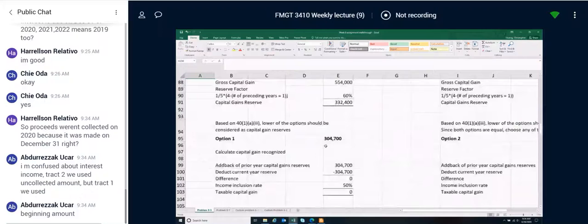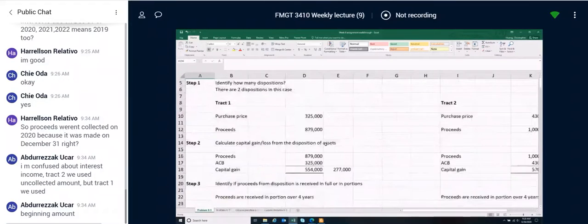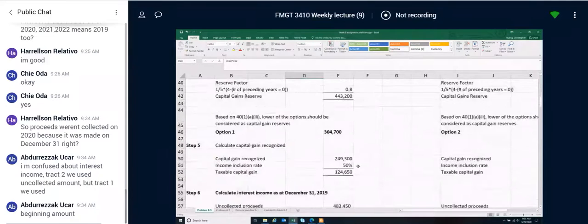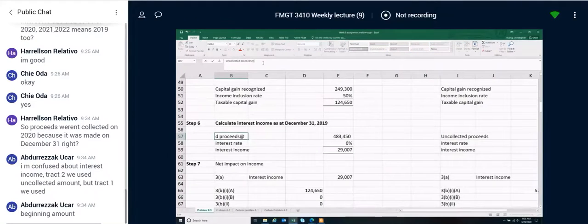And again, in the first question, what did you get? You collected 45%, right? So we collected 395,550 up front. 483,450, that's uncollected, right? So there's your uncollected proceeds at the beginning of the year, right? Remember, the down payment is made Jan 1. So uncollected proceeds at the beginning of the year is the 483,450.